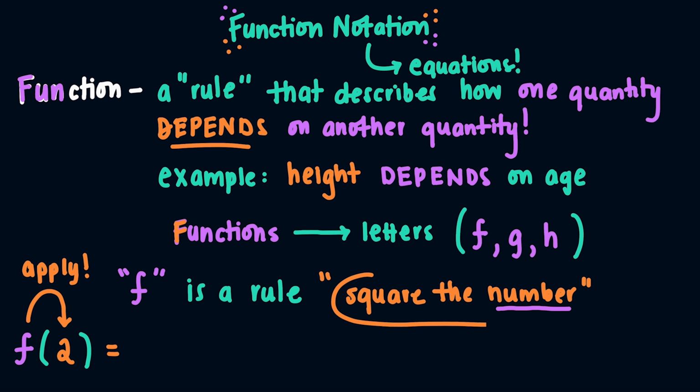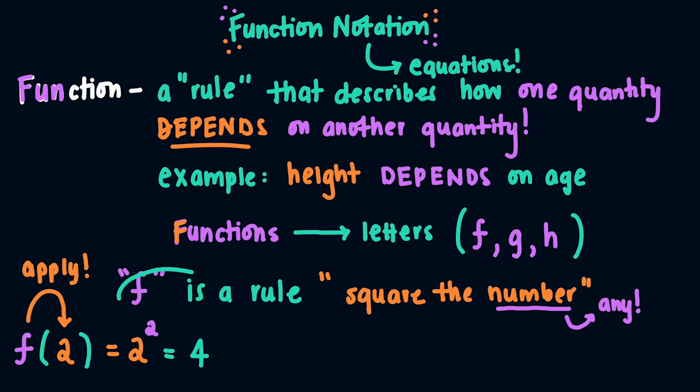Well, we're going to take that number, and technically, as of right now, this could be any number, right? But I'm saying that I want to do it for 2. So we're going to take that number and square it. So that means raised to the second. So in this case, 2 squared is 4.